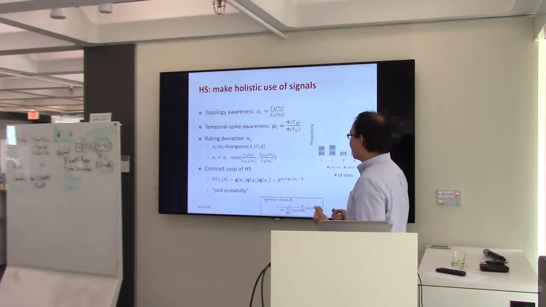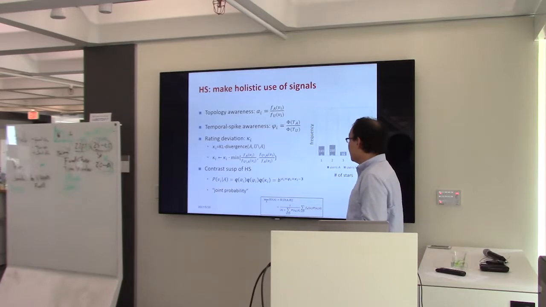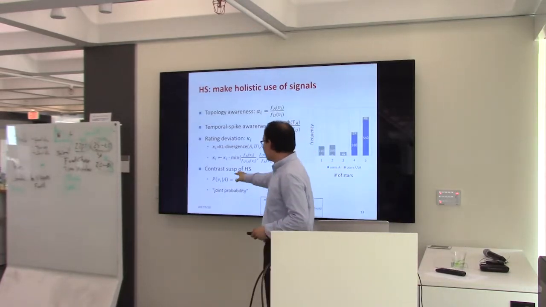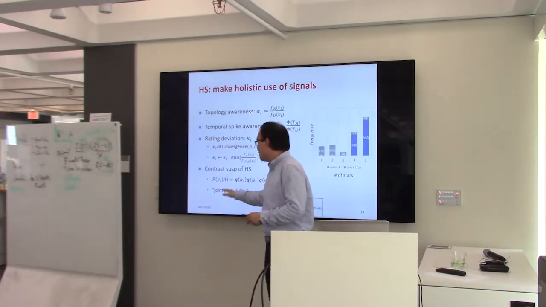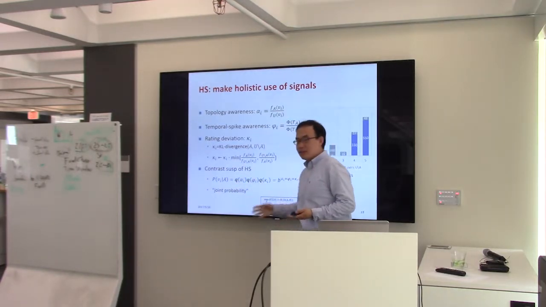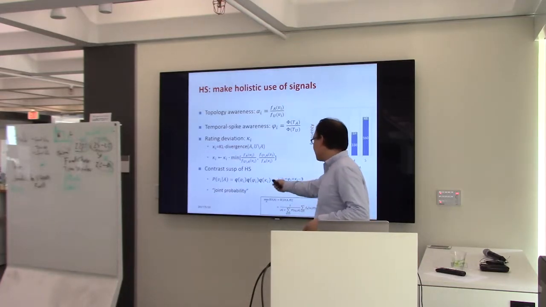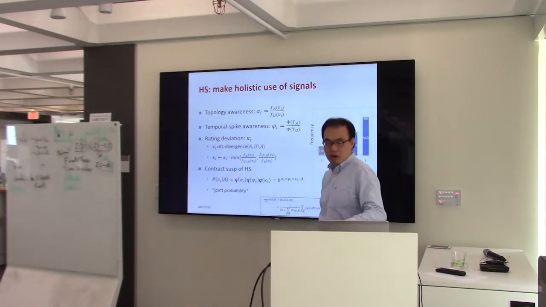That will be captured by the KL divergence between them. And for the contrast subdivision, we just use the joint probability here, a simple way to do that. And we feed the contrast information into the whole objective function.